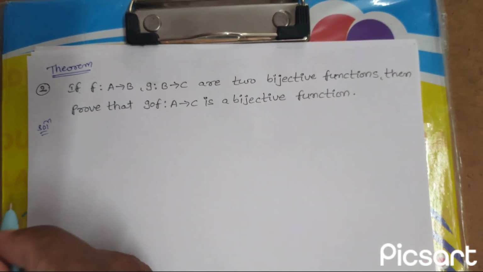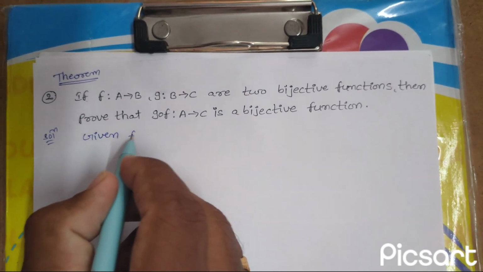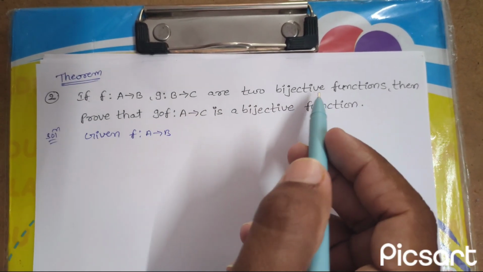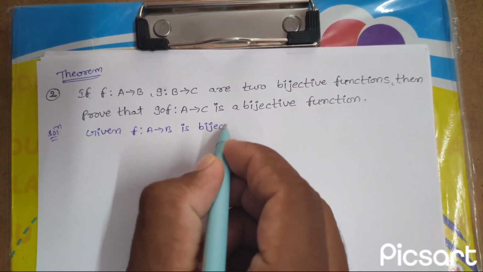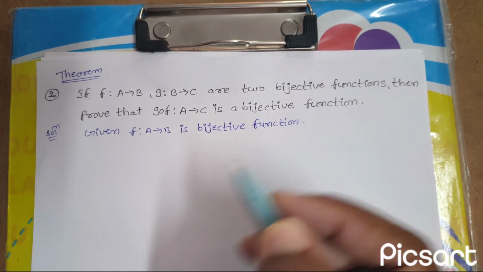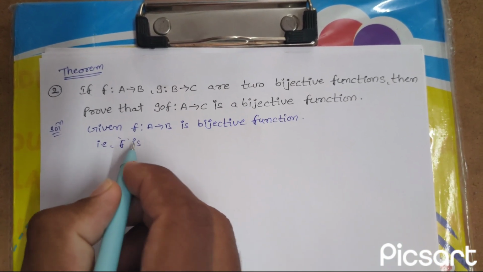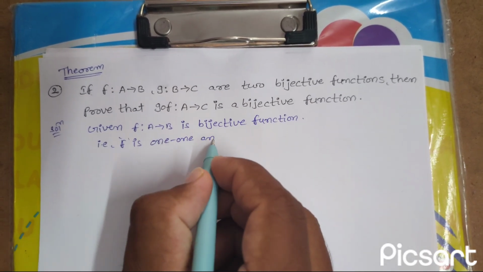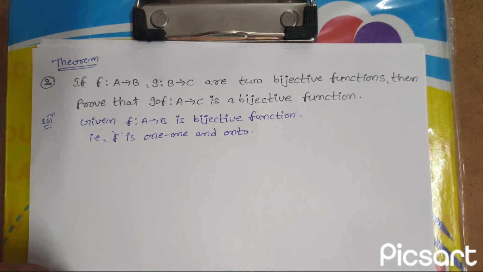Very easy. So you are given F from capital A to capital B is a bijective function. Bijective is nothing but F is a 1-1 function and onto function.